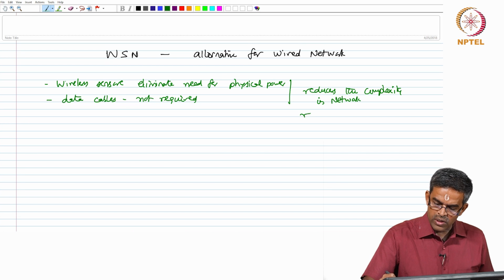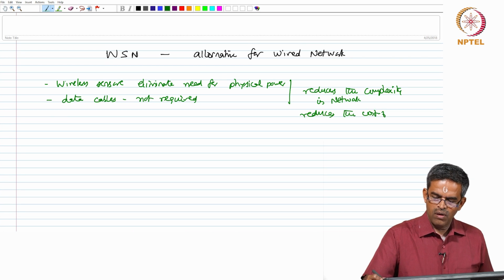This also reduces the cost of network. It also reduces the installation time of network.